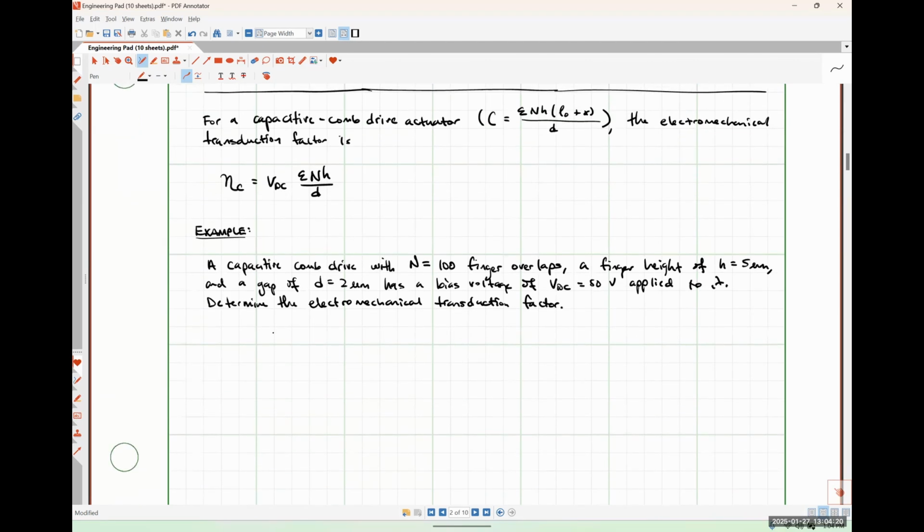So this will be fairly straightforward because it's just direct application of our expression. So NC is going to be 50 volts, 8.854 times 10 to the minus 12 farads per meter, 100 overlaps. Our height is 5 microns. Our gap is 2 microns.